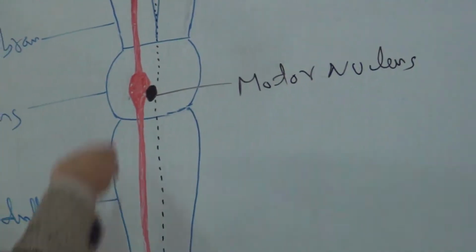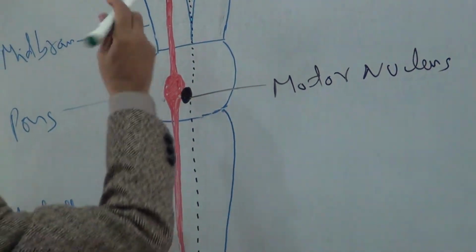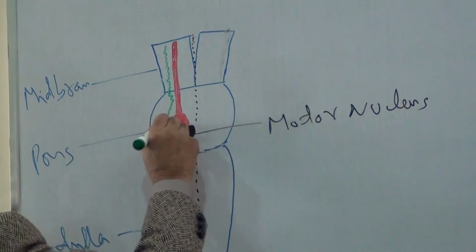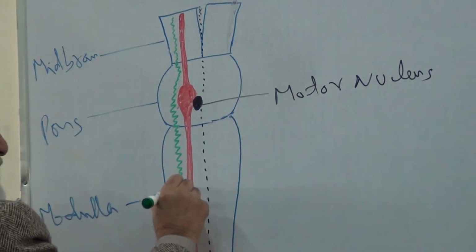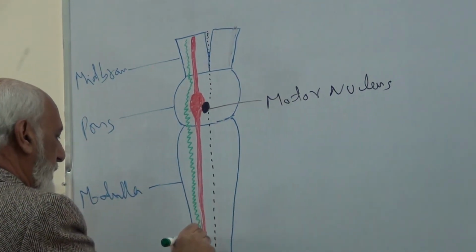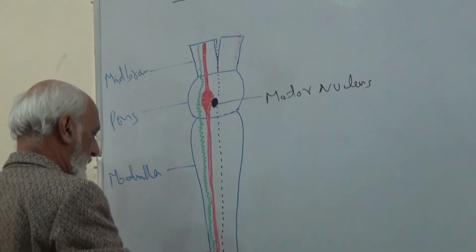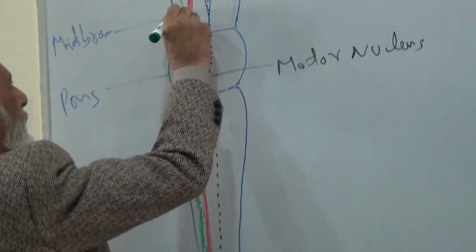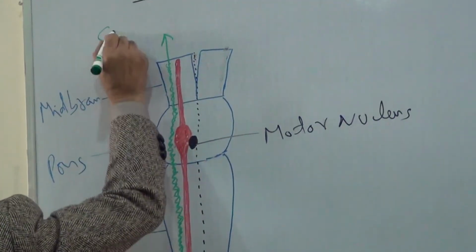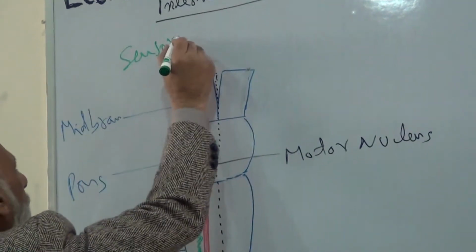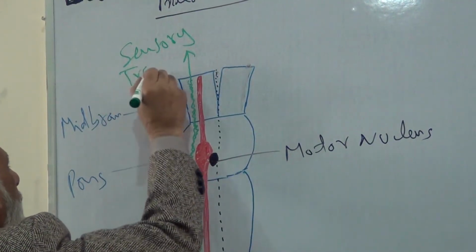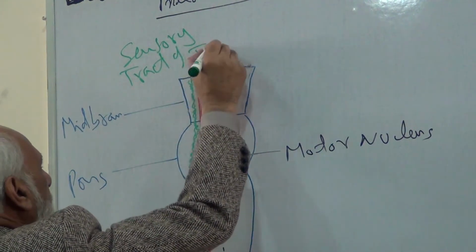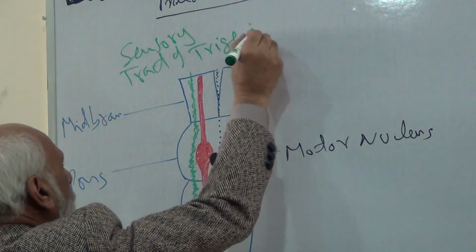Then the sensory nucleus, an elongated nucleus, is parallel with the sensory tract of the trigeminal nerve, the fifth cranial nerve.